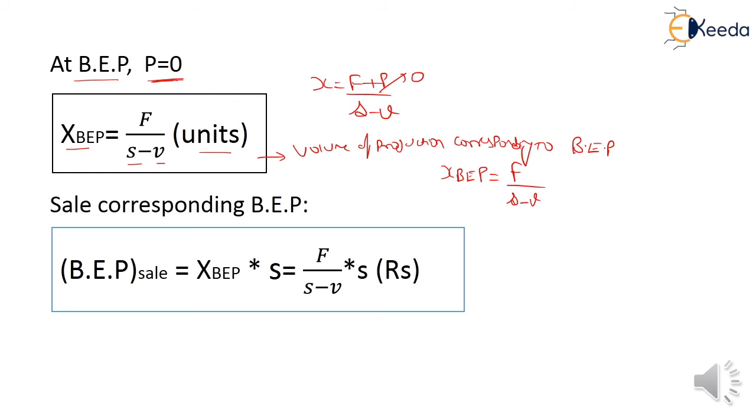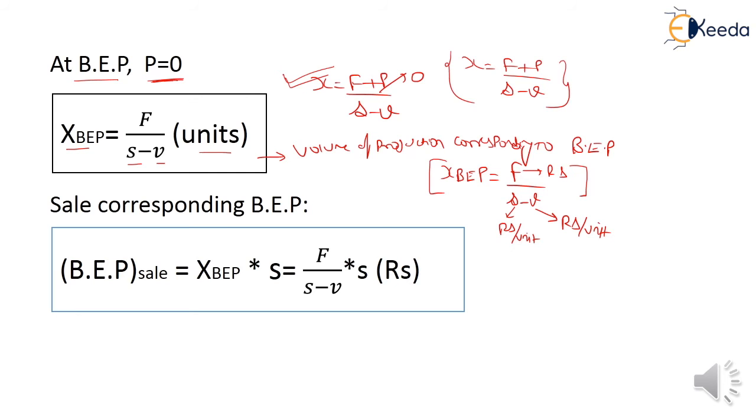What is F? F is the fixed cost in rupees. What is small s? It is the selling cost in rupees per unit. And what is small v? It is the variable cost in rupees per unit. Students, if the examiner says calculate the volume of production corresponding to profit P, we can apply this formula x equals (F + P) upon (s − v).